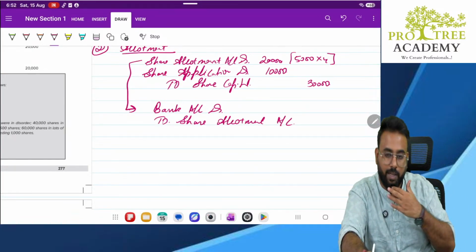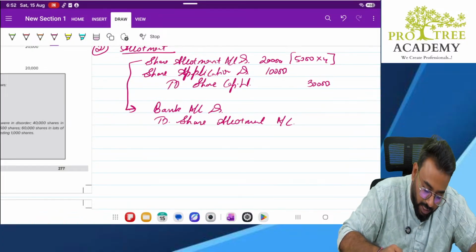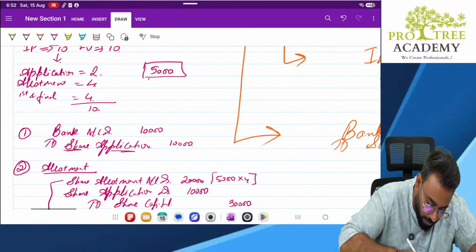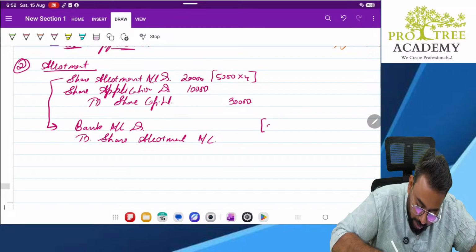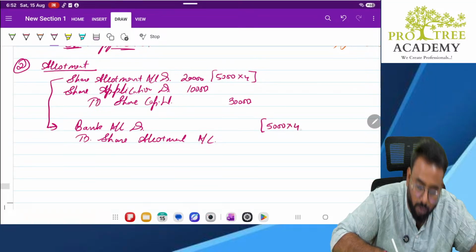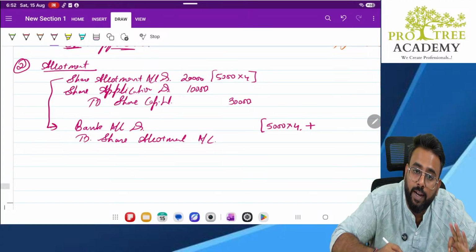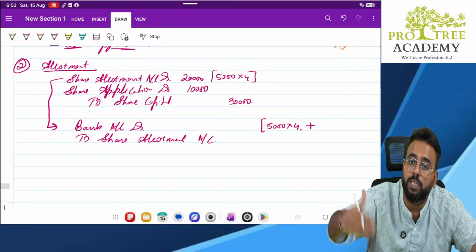No change. Correct. But here the amount changes. Sir, why does the amount change? See, how many applications were received? 5,000 applications. Correct. So on this 5,000, 4 rupees is received anyhow. Plus 200 shares. The person who is holding 200 shares has paid calls in advance.